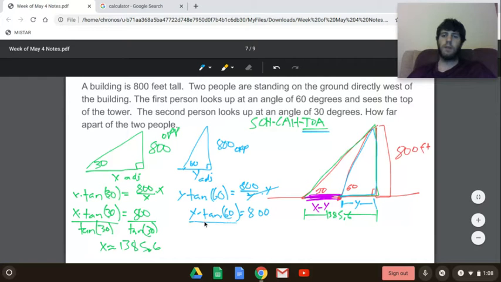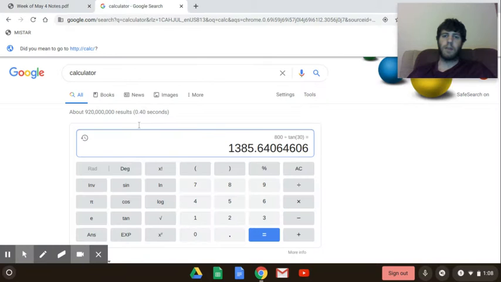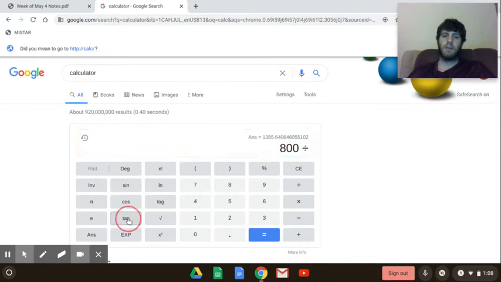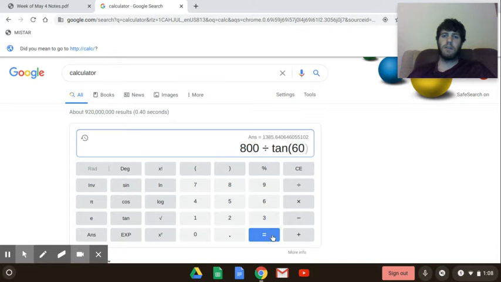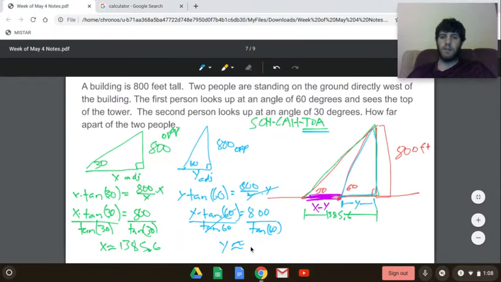Then you divide by tangent 60, and you get y is approximately 800 divided by tangent of 60. That's going to be 461.9.